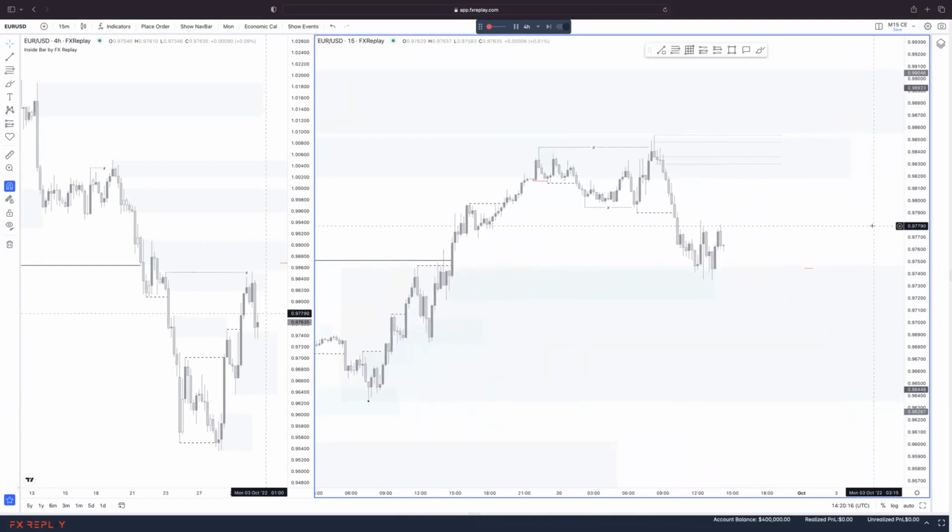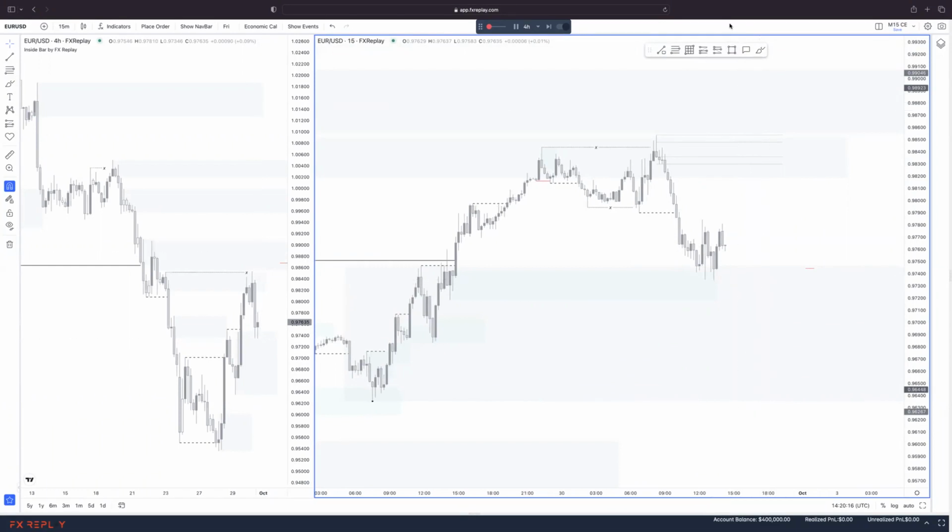So yeah, could have a mitigated 4-hour demand, could look for buys. So he swept this low, the inside bar there. So could say shock there or there. Just not the most convincing, still sort of confined in the range. So not really interested in buys yet.